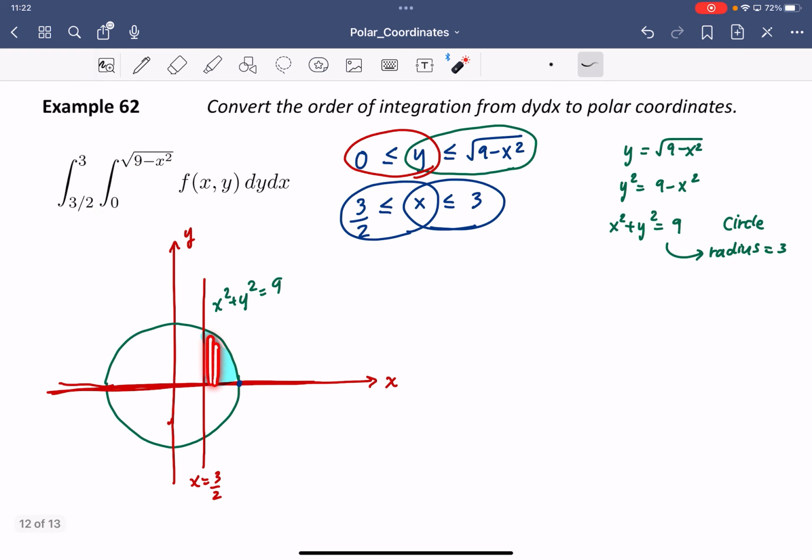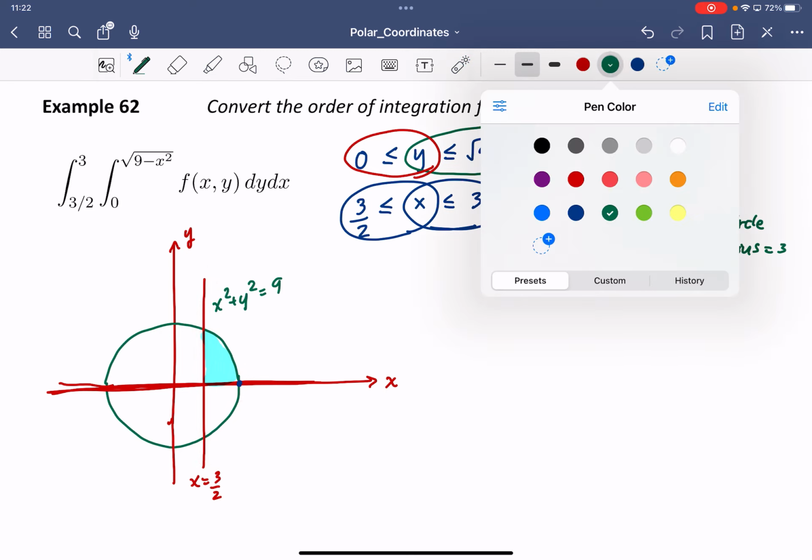So actually the one that I highlight in light blue, this is the one that we want, and then x starts from 3/2 to here. Good. Everyone agree with this picture? Yes. Question. And now you switch it to r dr d theta.